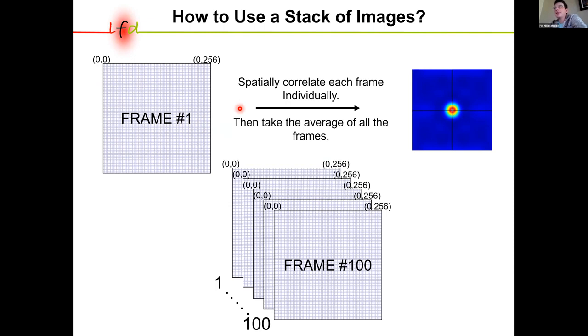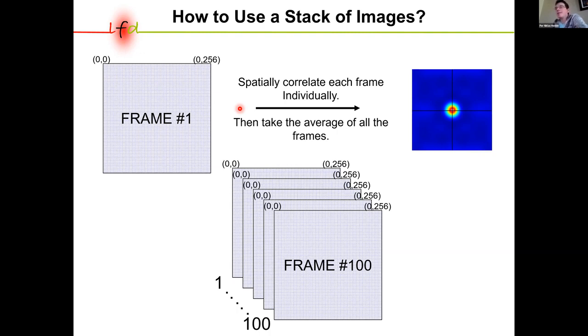Because in cells, if you are dealing with, for example, fluorescent proteins, they're not that bright. So what we typically do is acquire a series of frames in the same plane. So maybe 50 or 100 or maybe even 200 frames, depending on the signal to noise level. And then we calculate the spatial correlation for each of them and then take the average.